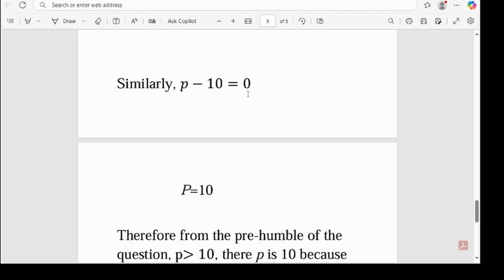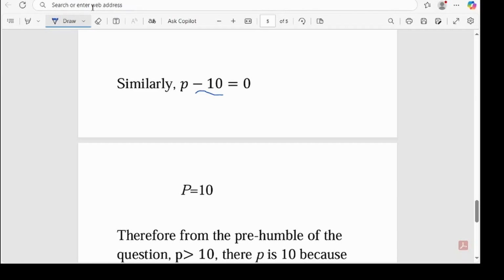And whenever a number jumps the equal to sign, it changes its form. So negative 10 here, when it jumps the equal to sign, will change its form to become positive. So p is positive 10, or p is 10.